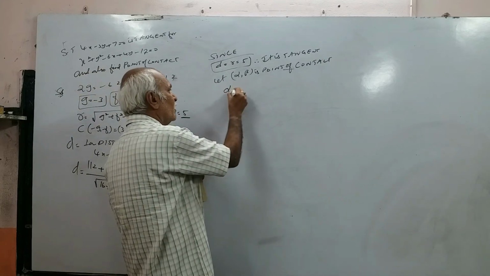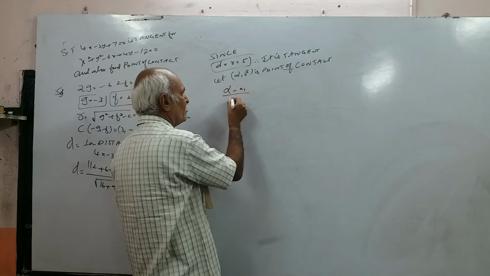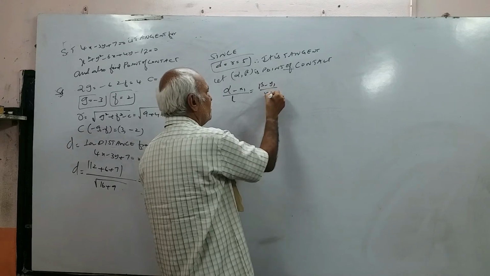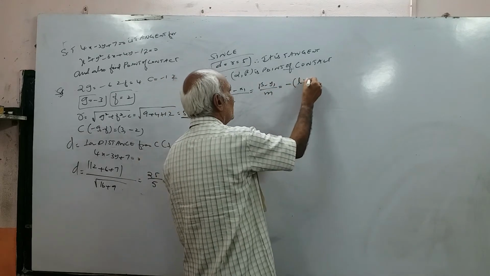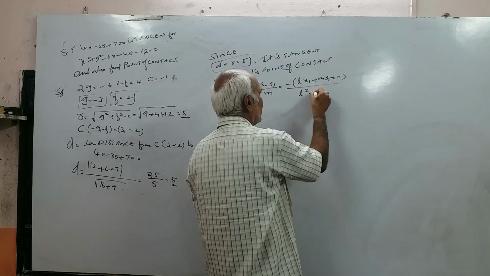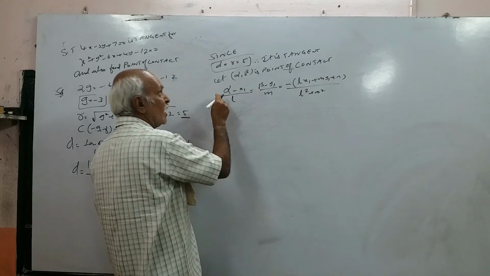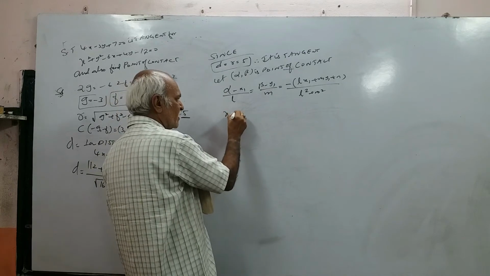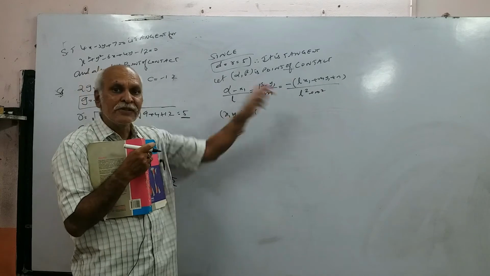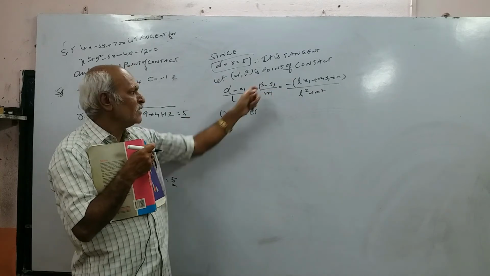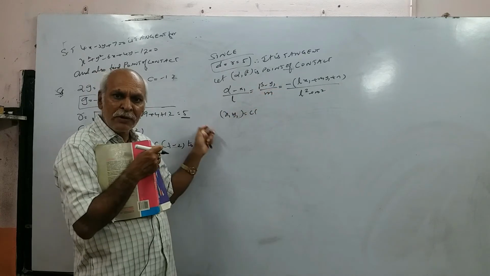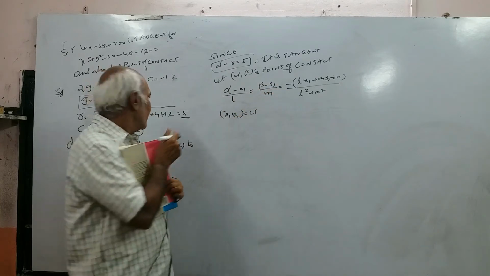So formula is (x minus x1) by L is equal to (y minus y1) by M is equal to minus of (Lx1 plus My1 plus n) by (L square plus M square). Here alpha beta is the point of contact. What is the x1 y1? Center. We have seen the foot of the perpendicular formula, sir. It is similar to foot of the perpendicular, (h minus x1) by a, (k minus y1) by b. That is the formula of foot of perpendicular. Same formula we are applying here. x1 y1 is the center.